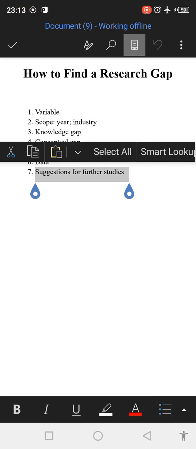But conceptual does not entail you to analyze anything empirically. You could make use of qualitative data to gather your information, your data, and then you can still analyze it quantitatively or empirically.